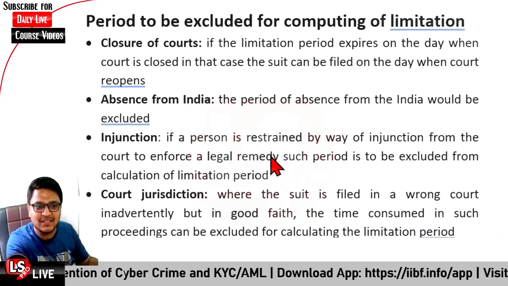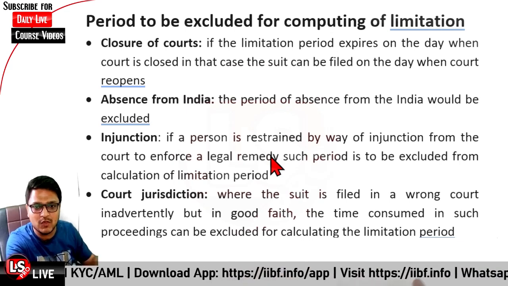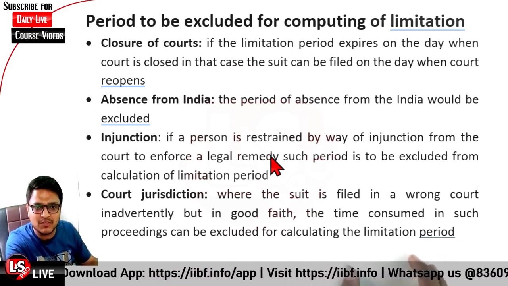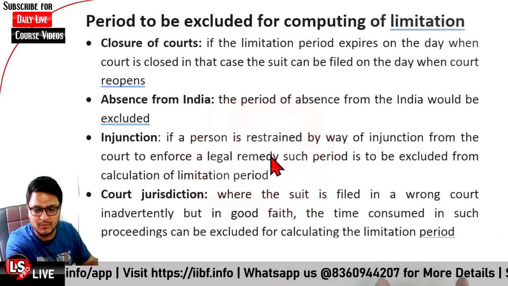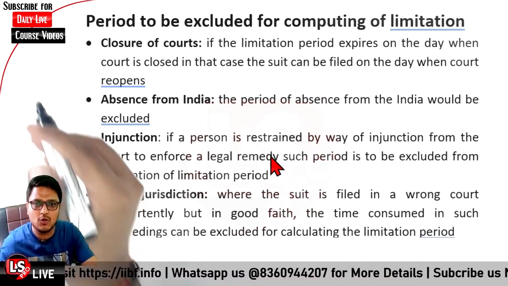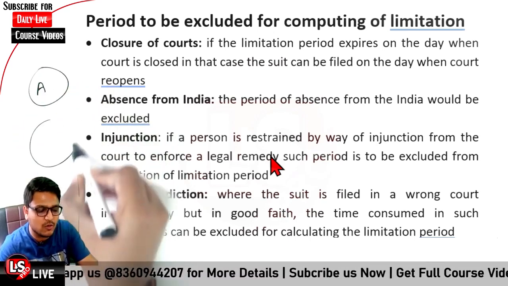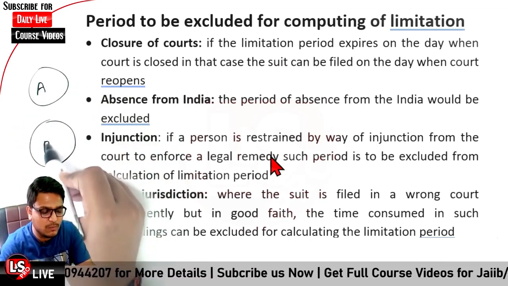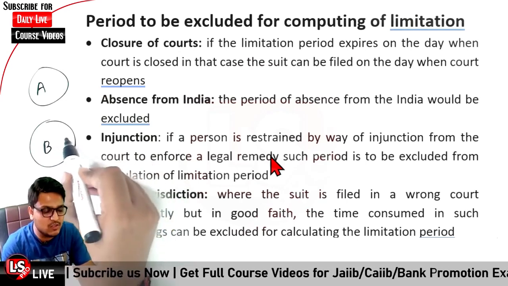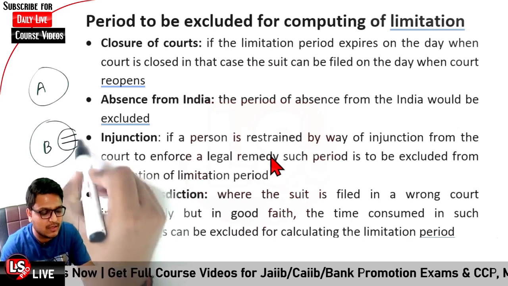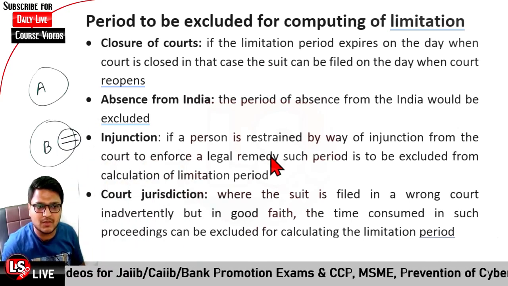In that case, the time which was consumed in such proceedings can be excluded for the calculation of the limitation period. It means if the court case was to be filed with court A, but it was wrongly filed with court B inadvertently, and further the time period which was consumed in this court, that can be excluded from the limitation period for the calculations. Okay.